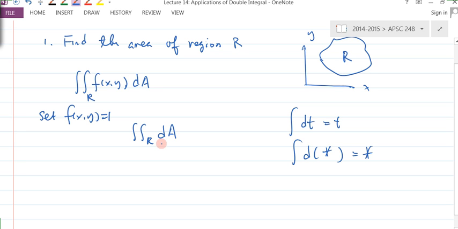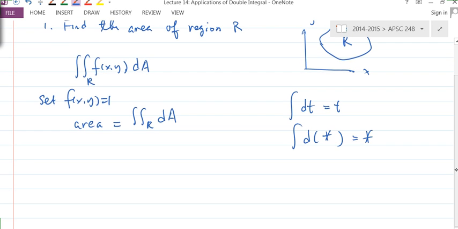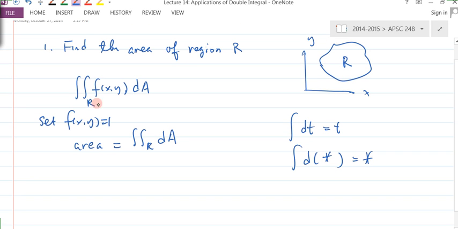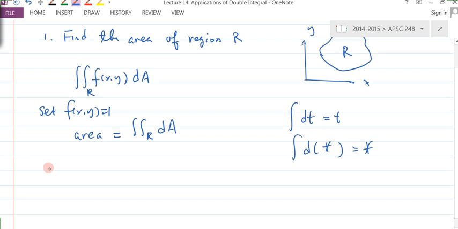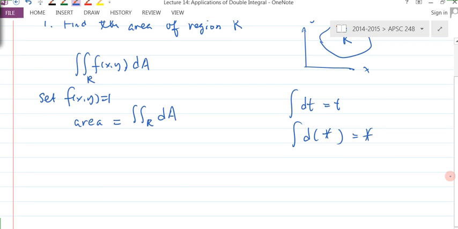In this particular case, with the double integral, you would expect to get the area. So you get A out of here. That's a simple application of the double integral. All you need is to integrate over R, and you get the area. Let's take a quick example right here.